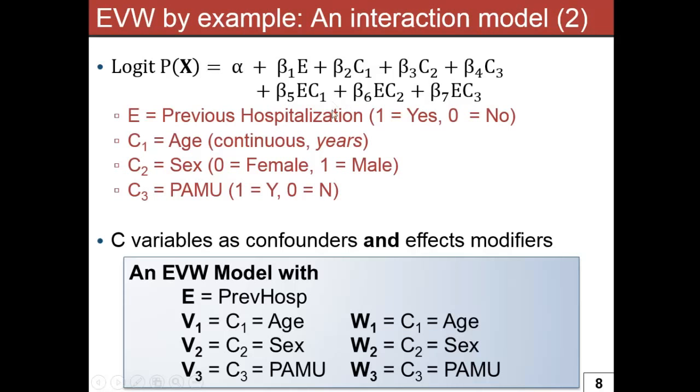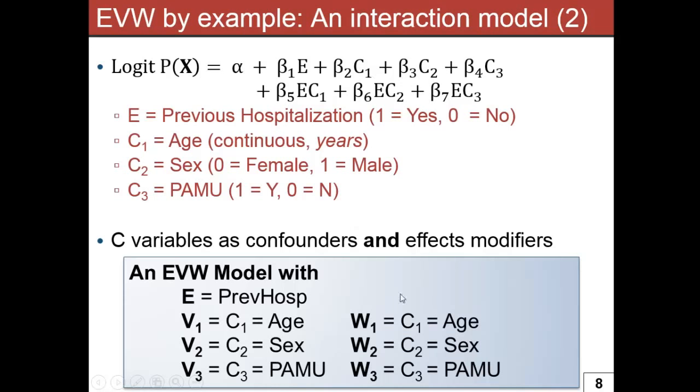Anyway, if I rewrote the model this way, you would say, aha, exposure, confounder terms, and then exposure times these control terms. These are effect modifiers. So a way to index what's going on in the model is you say this is an EVW model. We have an exposure that's previous hospitalization. 3 C variables appear in this confounding situation over here.